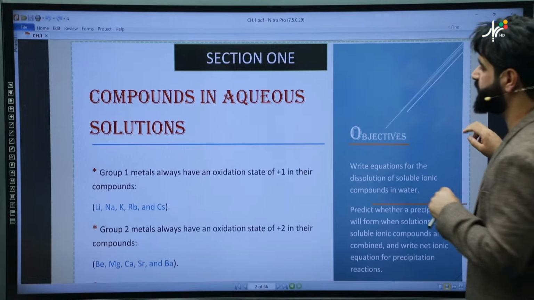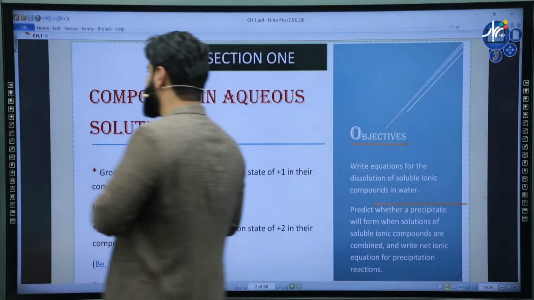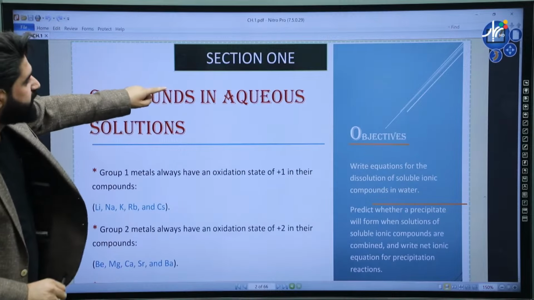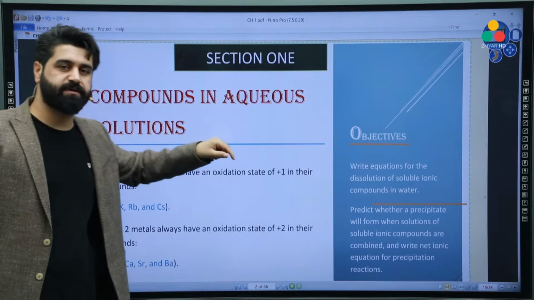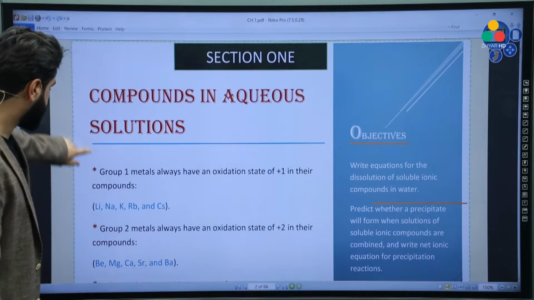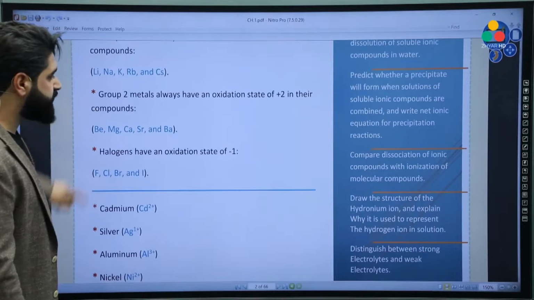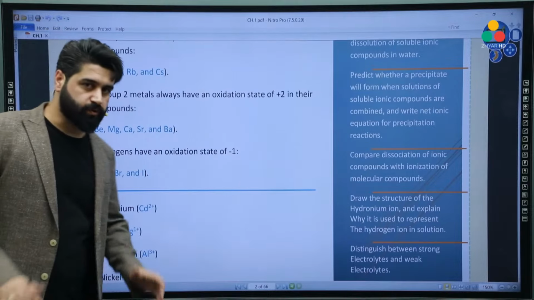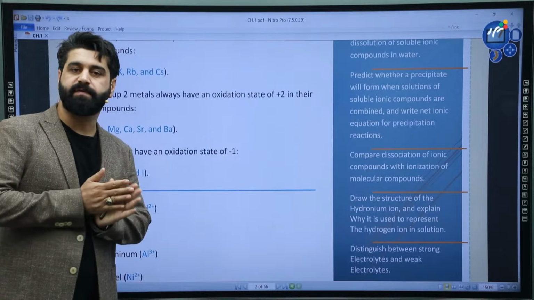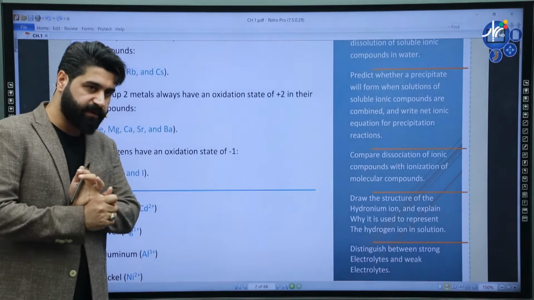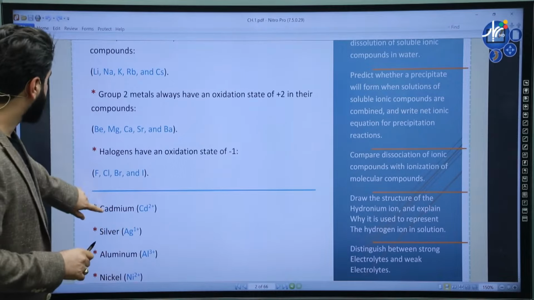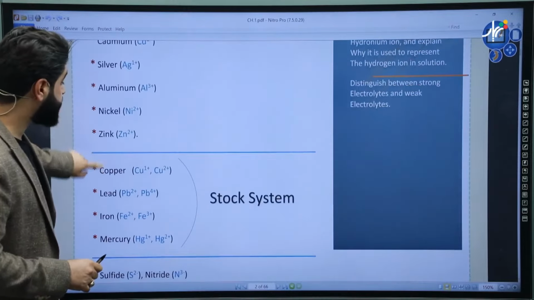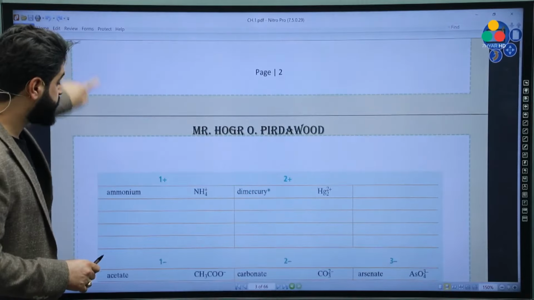Here we're going to start with section 1. Section 1 is about compounds in their aqueous solutions. As I told you, you have to memorize the ions: the polyatomic ions and monoatomic ions. So I'm going to skip those pages.